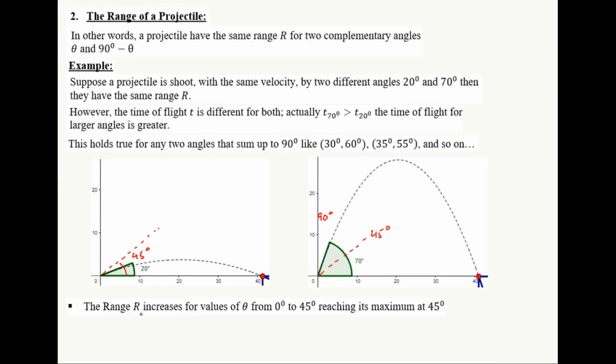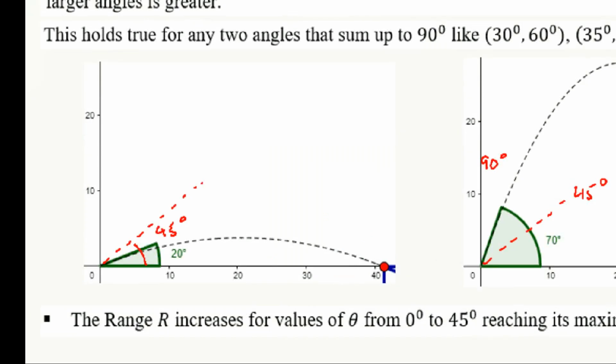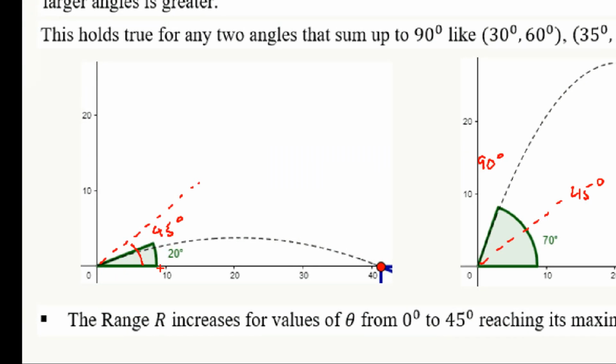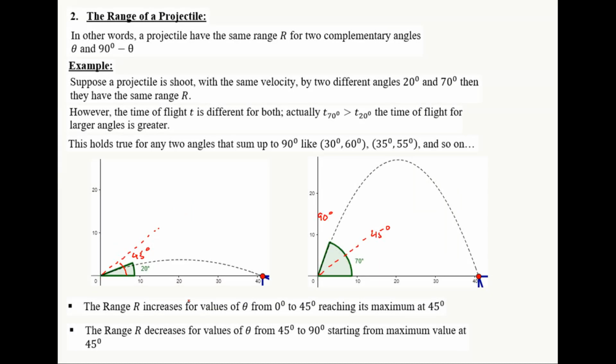Now if you're looking at the variation of the range R, it's going to increase for values of theta from 0 to 45 degrees, reaching its maximum at 45 degrees. So we agreed that the maximum range occurs at an angle of 45 degrees. However, now the range R decreases for values of theta from 45 degrees to 90 degrees, starting from the maximum value at 45.